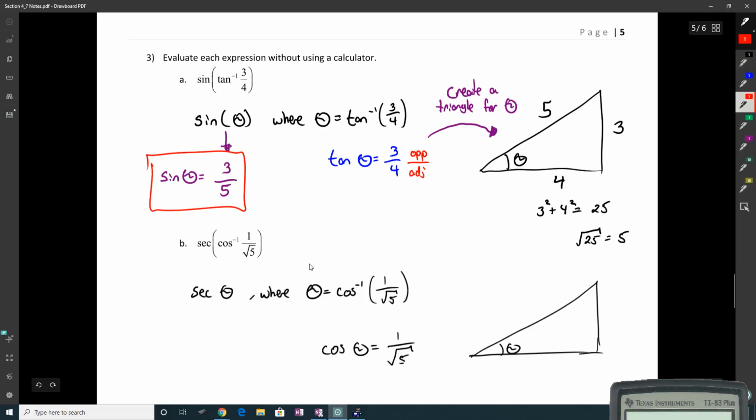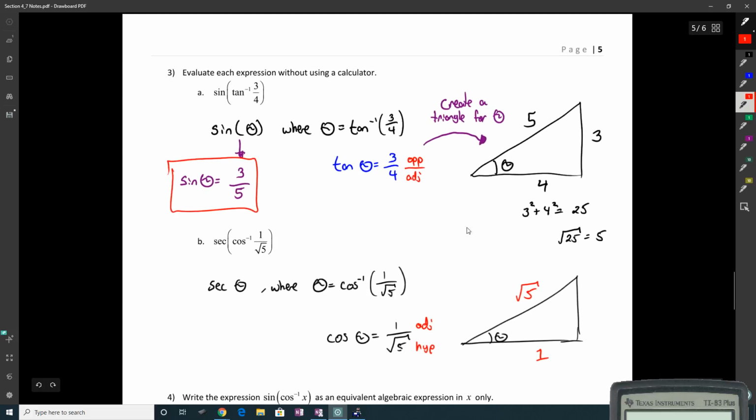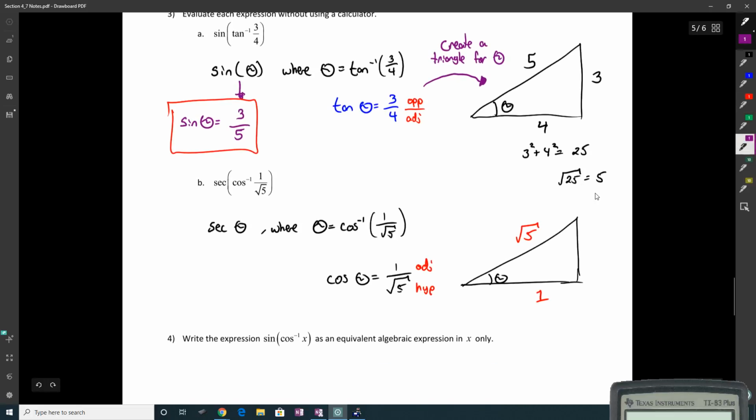I know cosine is adjacent over hypotenuse. So adjacent is 1. Hypotenuse is square root of 5. So the question is, what does the remaining variable have to be? Well, using the Pythagorean theorem, 1 squared plus something squared equals square root of 5 squared. I can subtract 1. So my missing number has to be 2.